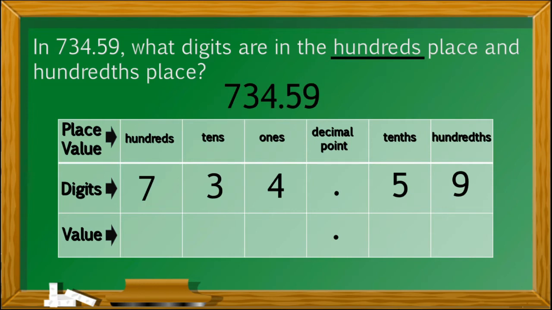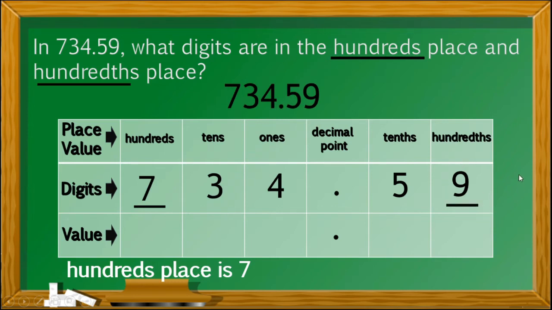Anong digit nasa hundreds place? Asan may hundreds place? Ito. So ang digit ay 7. So hundreds place is 7. Then ano yung isa? Ano yung nasa hundredths place? Ano yung hundredths? Ito yon. Anong number yung nandoon? 9. So hundredths place is 9.